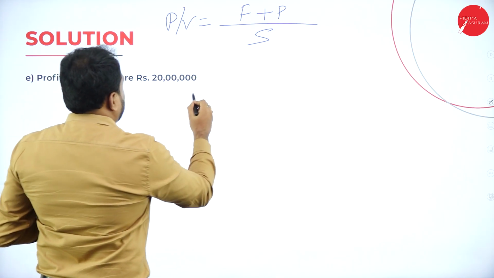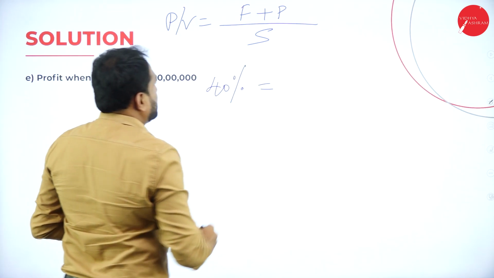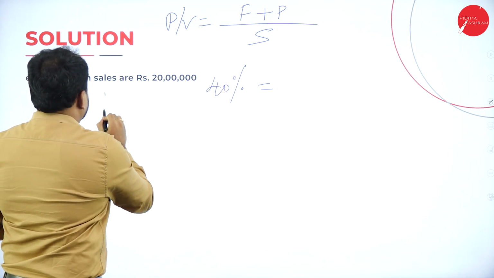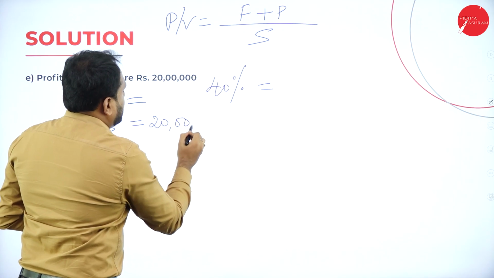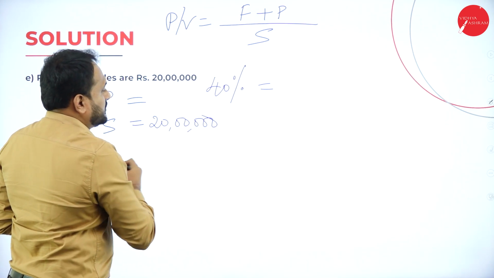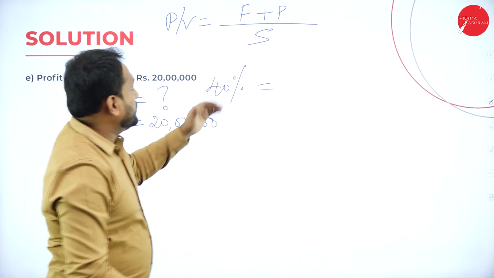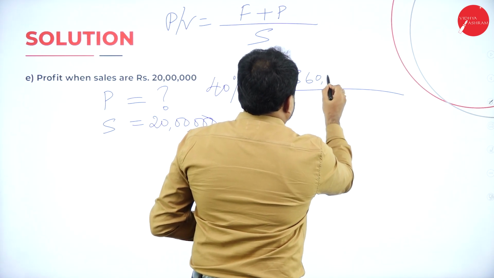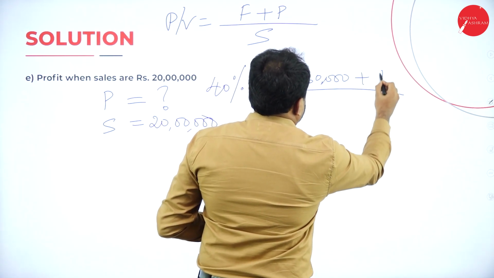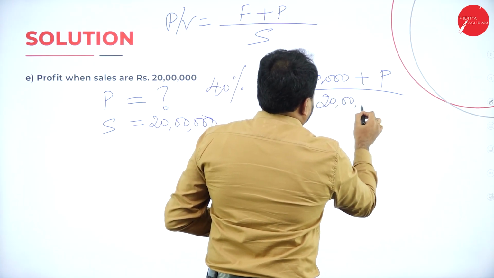Now PV we know, that is 40%. Here they are asking profit when sales are 20 lakh rupees. So profit is how much? We don't know. PV is 40%. F is how much? 3,60,000 plus P, which I don't know. Sales is how much? They have only given 20 lakh.